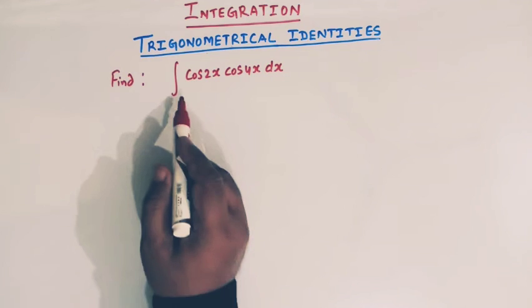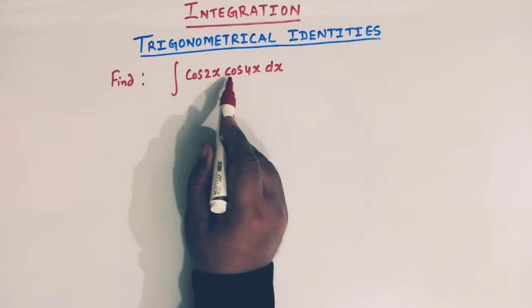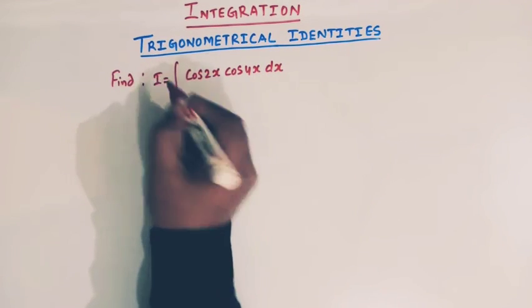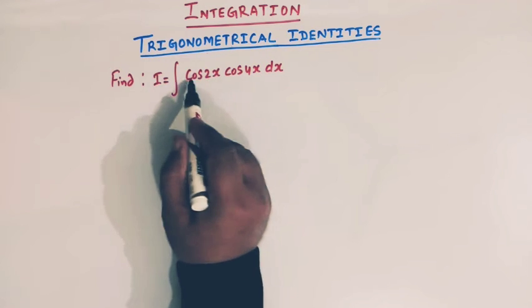Now let us take one more problem. So here we have to integrate cos 2x multiplied by cos 4x. So let us call this integral as I. Now here we have the product of two cosine functions.